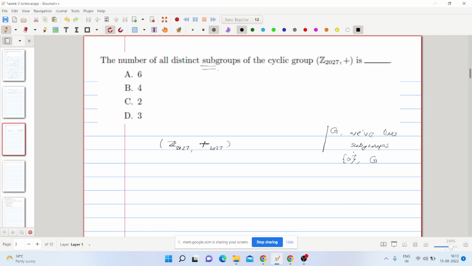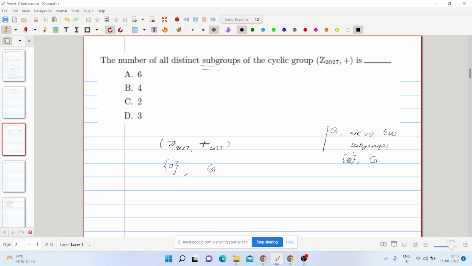G itself is a subgroup of G and the identity is also a subgroup. In the same way, here the identity element in Z_2027 is 0. So 0 itself is a subgroup and G itself is a subgroup of Z_2027. We need to find whether there exists another subgroup other than these two.